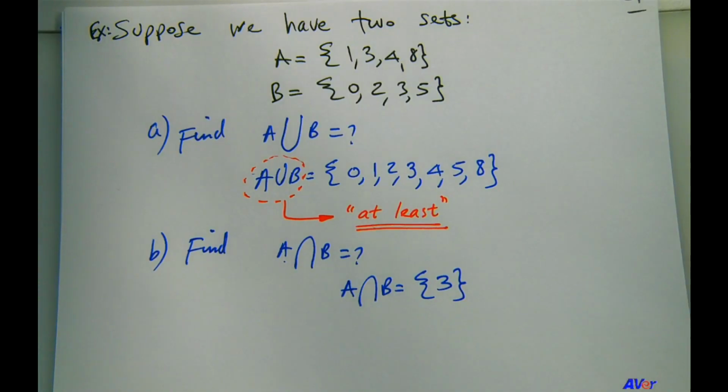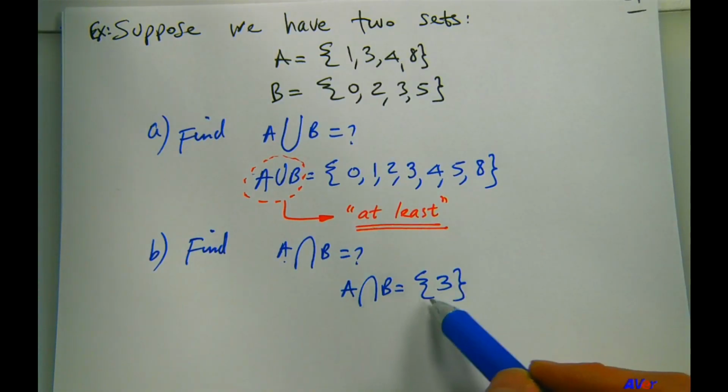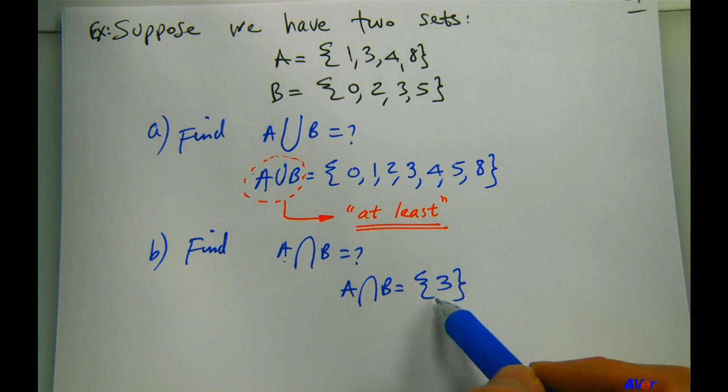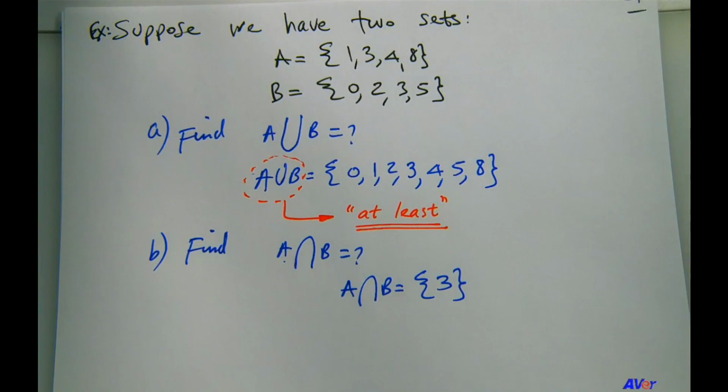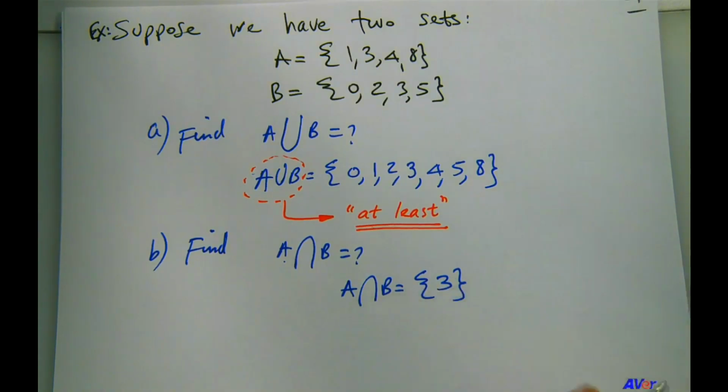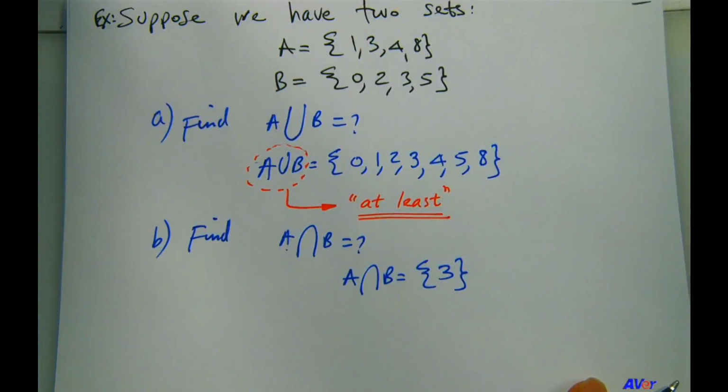Okay? And by the way, you do not want to list this as just 3. You need to put the curly braces around this 3. A intersection B equals 3 is not the proper form of showing a set. A set has those curly braces around the elements of the set. Okay? So please don't leave these curly braces out.